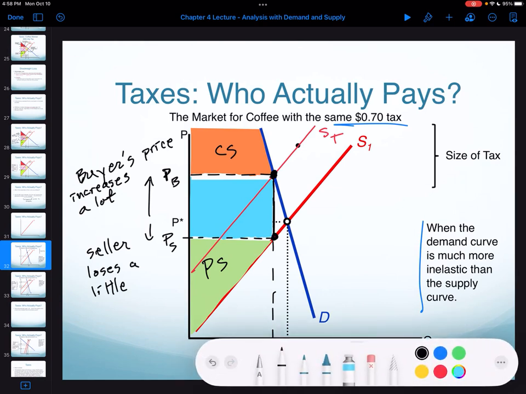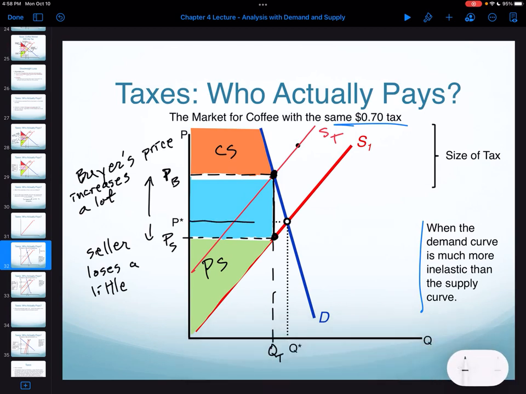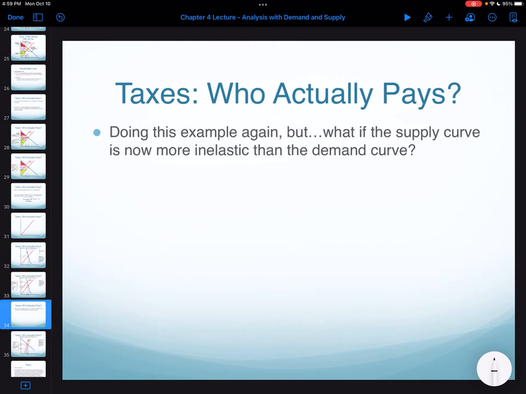This whole area up here all used to be consumer surplus above this equilibrium line. And the consumer loses a lot. The price goes up for the buyer, the price falls a little bit for the seller, but the buyer is clearly more affected. And so this allows us to summarize this.